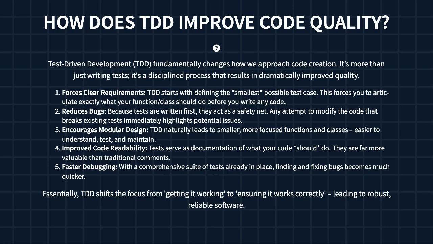Because you have these tests already written and passing, they act like a safety net, immediately catching bugs as you make changes. It also pushes you towards writing smaller, more modular code, which is much easier to understand and maintain in the long run. Unsurprisingly, those tests actually serve as really useful documentation, making debugging significantly faster because you have a clear set of expectations built into your project.